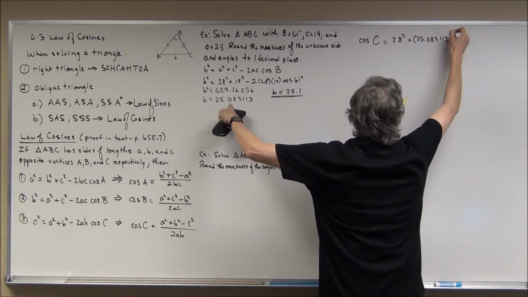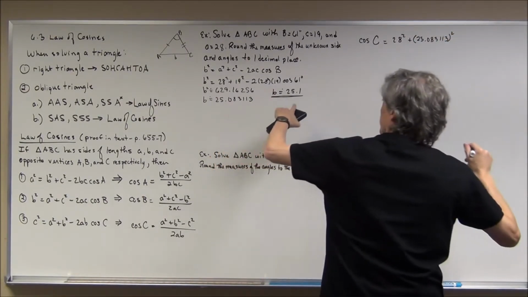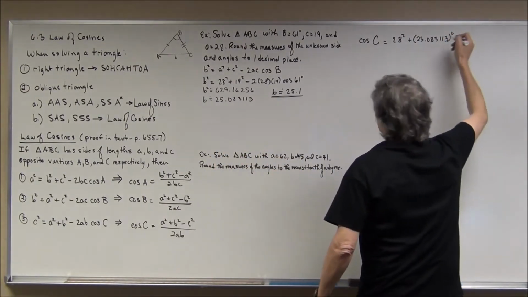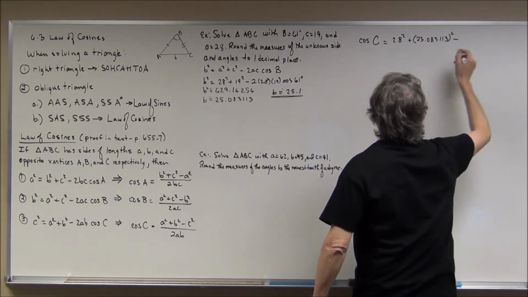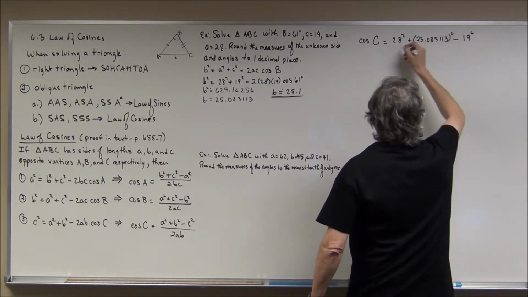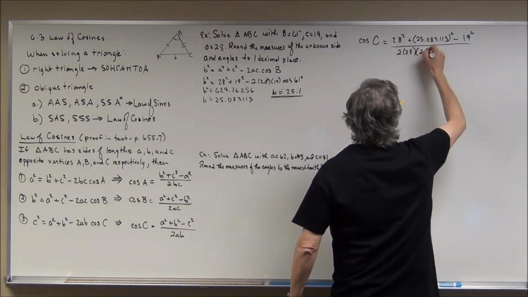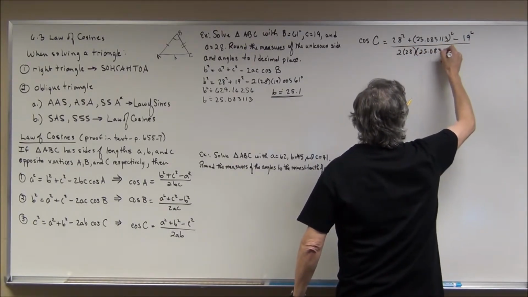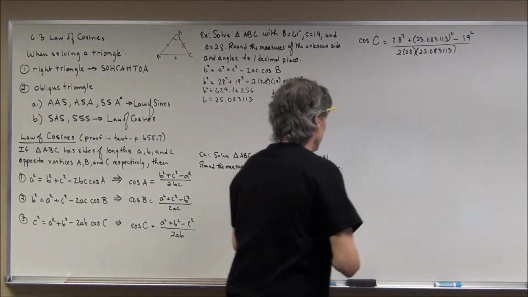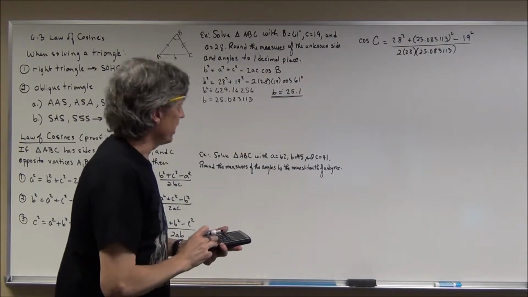All those extra buttons, that's brutal, like George Jetson. And then I'm going to subtract C squared, which is 19 squared, over 2 times 28 times 25.083113. So now, let me figure out what that mess is.